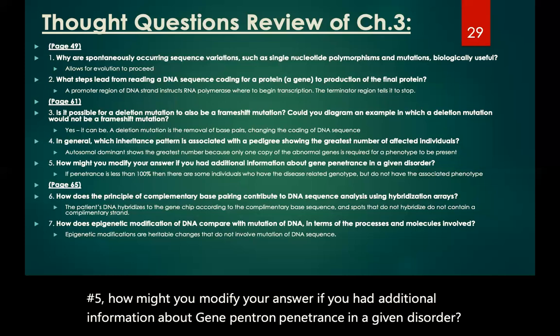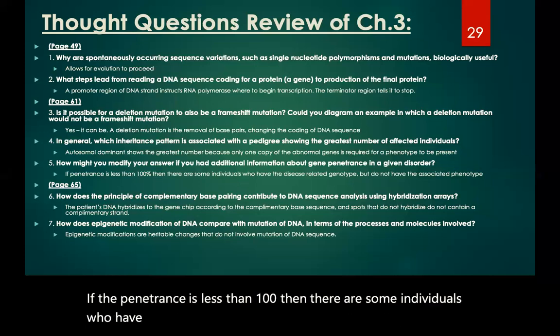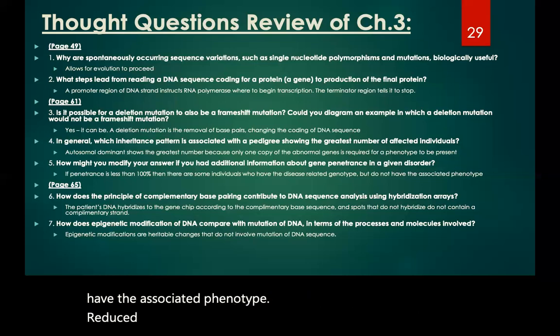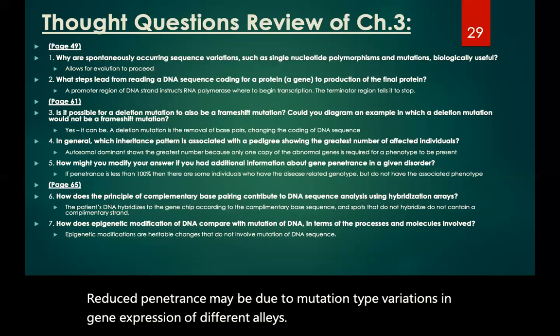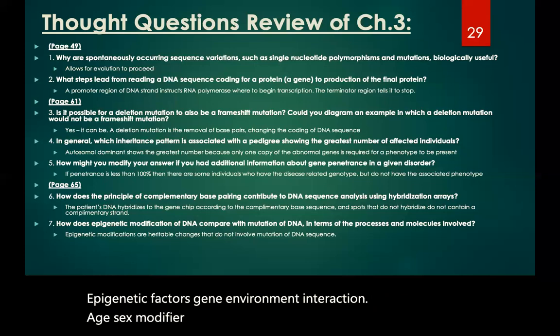If the penetrance is less than 100%, then there are some individuals who have the disease-related genotype, but do not have the associated phenotype. Reduced penetrance may be due to mutation type, variations in gene expression of different alleles, epigenetic factors, gene-environment interaction, age, sex, modifier genes, copy number variants, and variability in related genes.